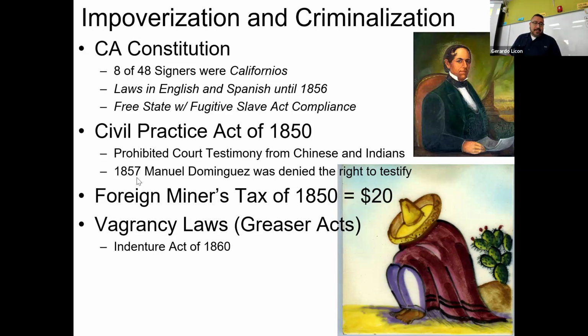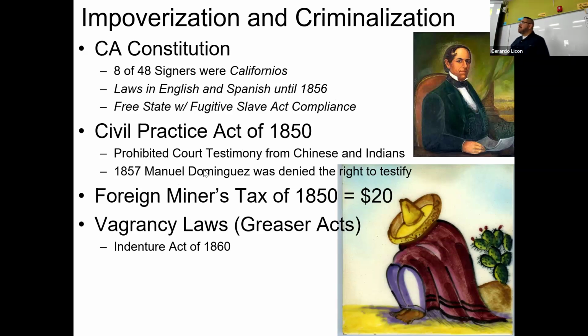And in 1857, we see something happening. Within several years, by 1856, 1857, these Californios that helped to found the state end up getting excluded from full participation as US citizens in the state. For example, Manuel Dominguez in 1857 was denied the right to testify in court.